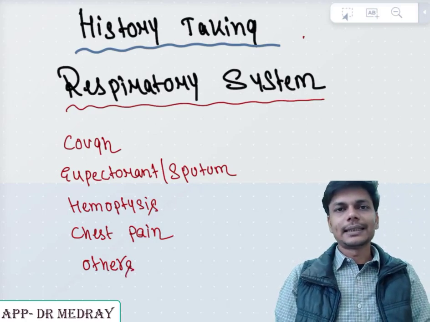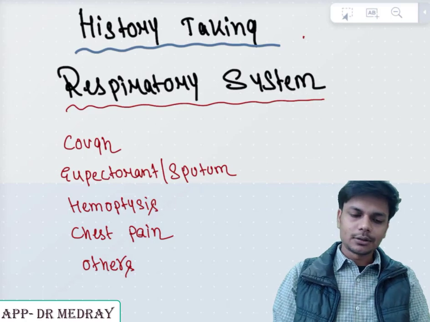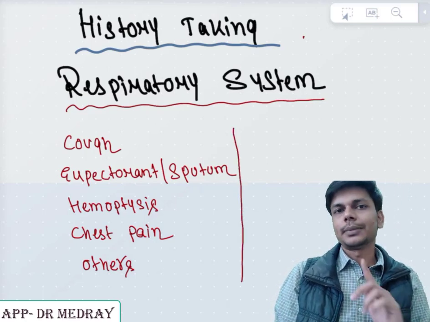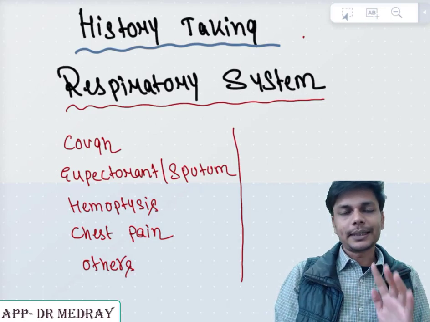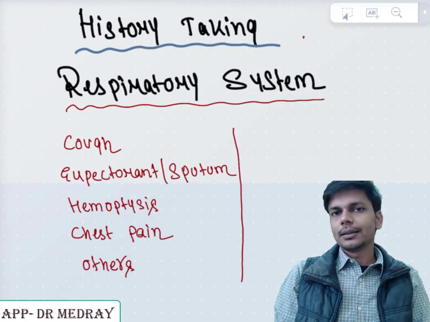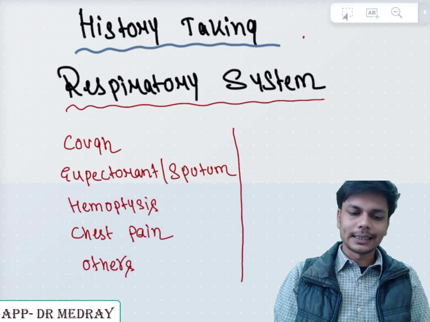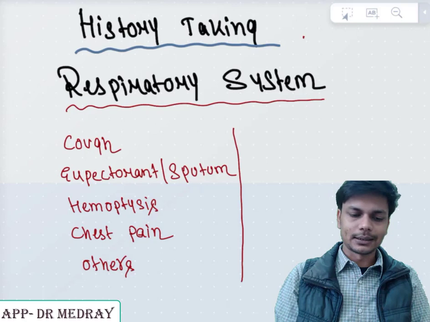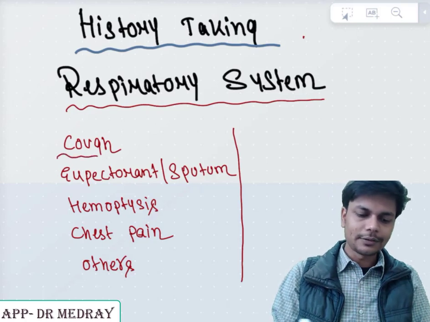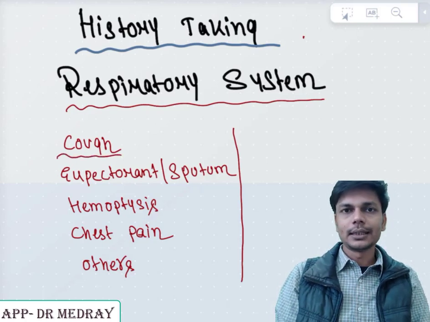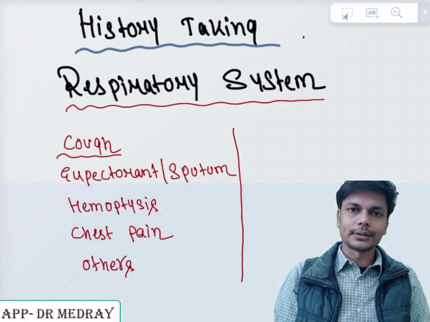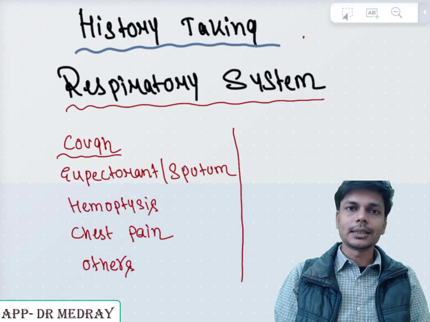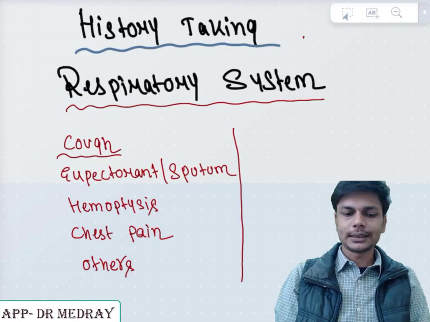So, what is the basic skill in history taking? First, you have to elaborate this chief complaint in order to go in a line of diagnosis. And after elaboration of this chief complaint, the second important point in history taking is to take negative history to rule out some other disease. Let's suppose cough is caused by respiratory pathology, but cardiovascular pathology can also cause cough, like chronic heart failure, which usually causes cough in lying down position.